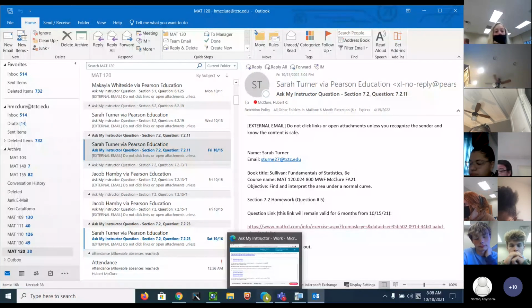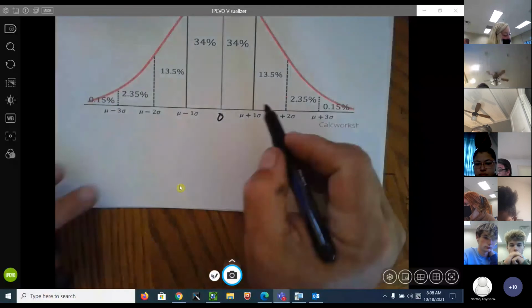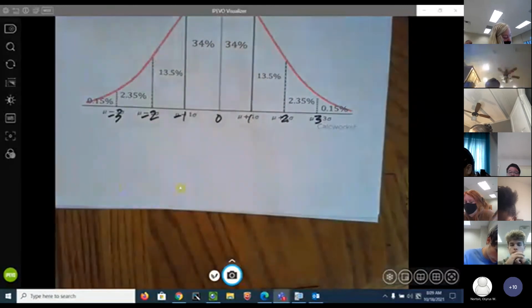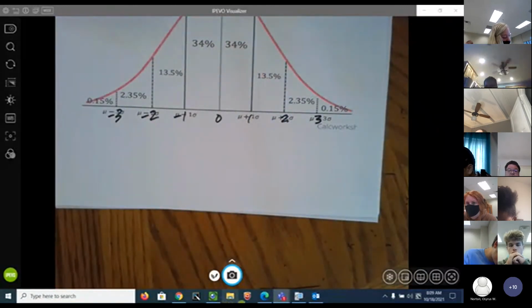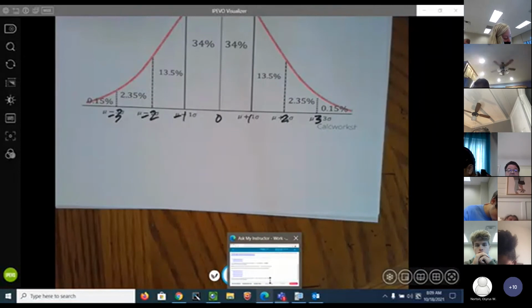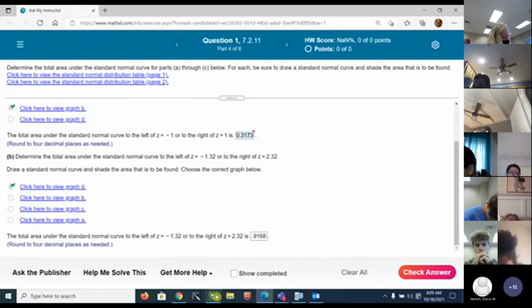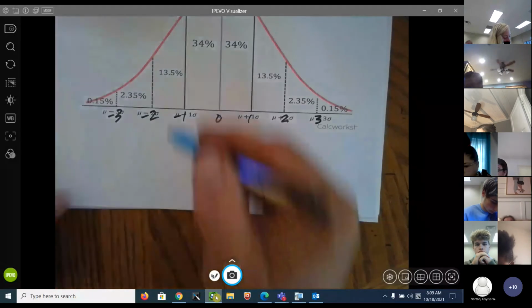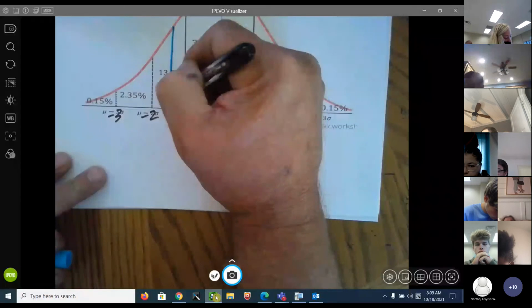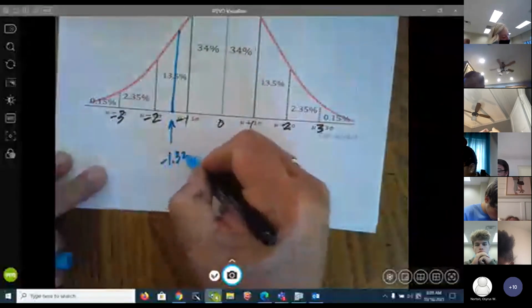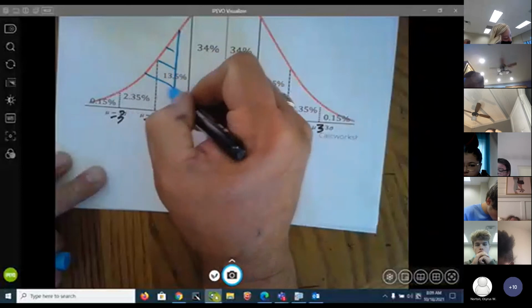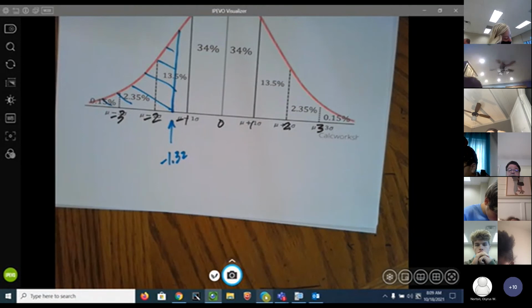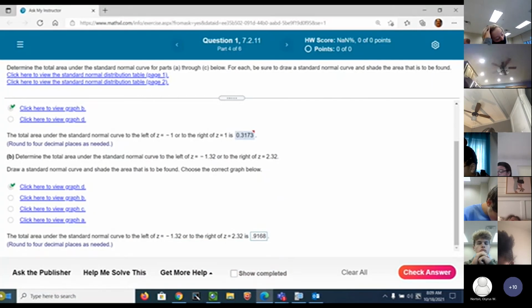Hold on a second. There we go. 0, 1, 2, 3, negative 1, negative 2, negative 3. And now they want us to go from negative 1.32 and the right of 2.32.